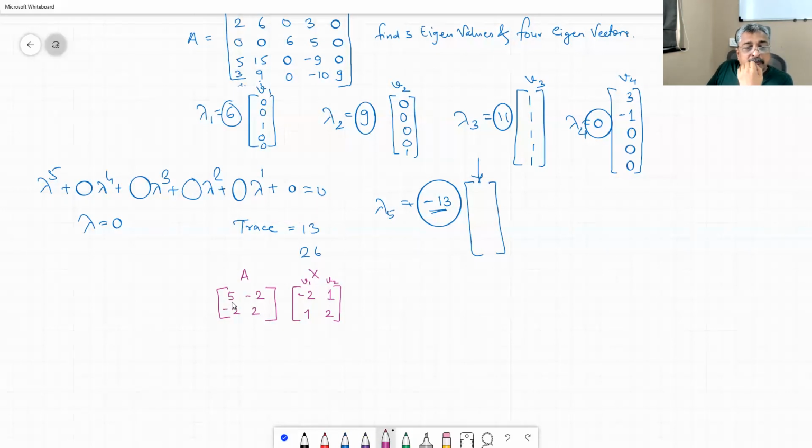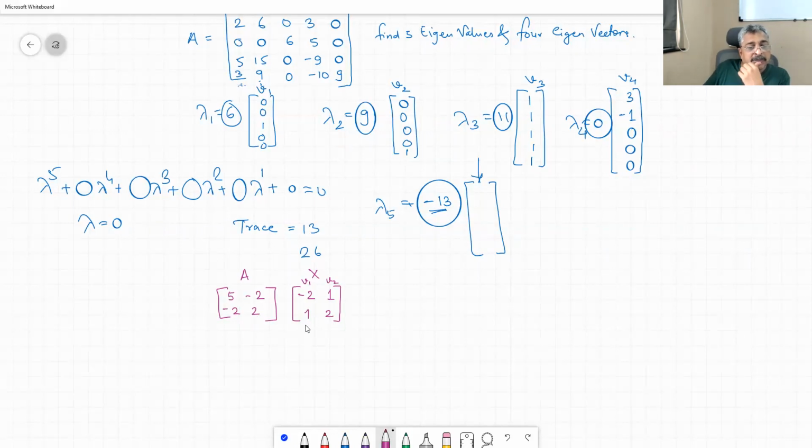So if I take minus 2 comma 1, that gives minus 10, minus 2, which is minus 12, and minus 6 plus 6... yes. And this gives 5 minus 4, which is 1, and minus 2 plus 4.